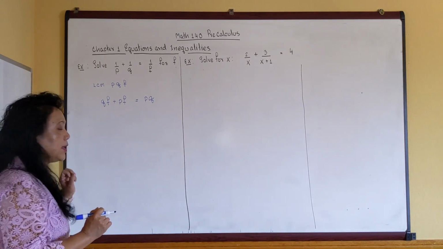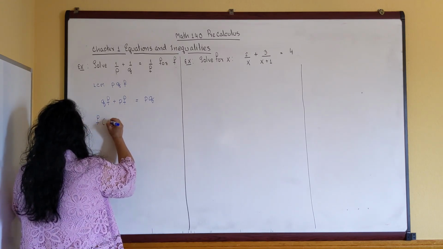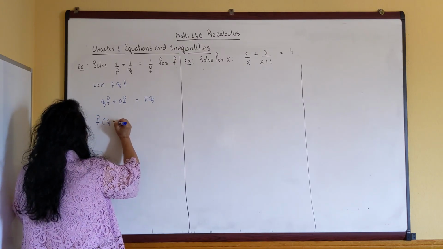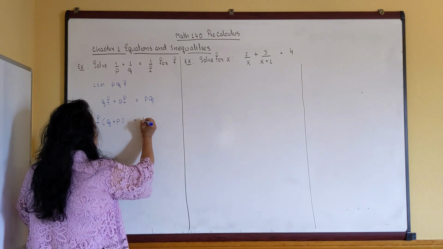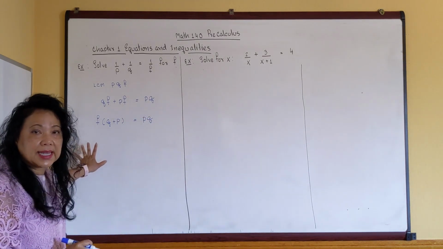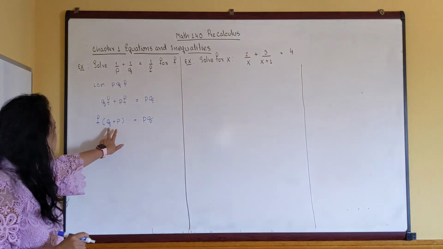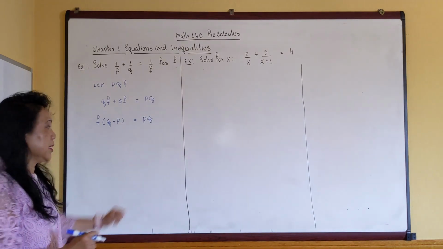In this case, I'm going to factor out the f. I'm left with q plus p is equal to pq. Now I have to get f by itself. Since I have f times this whole parenthesis, I'm going to divide by q plus p on both sides.